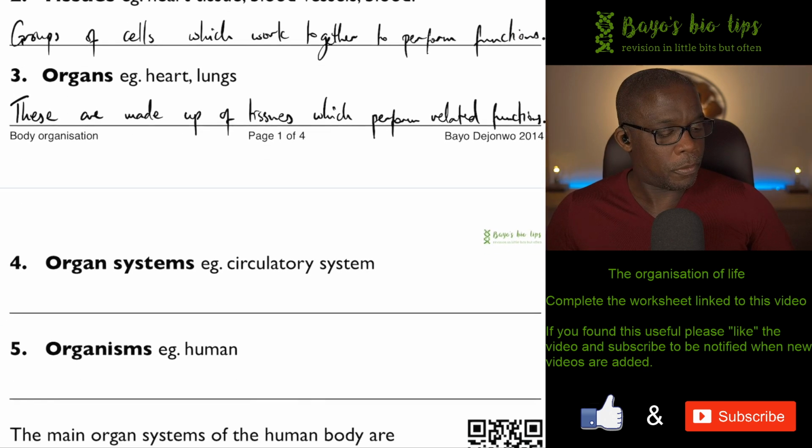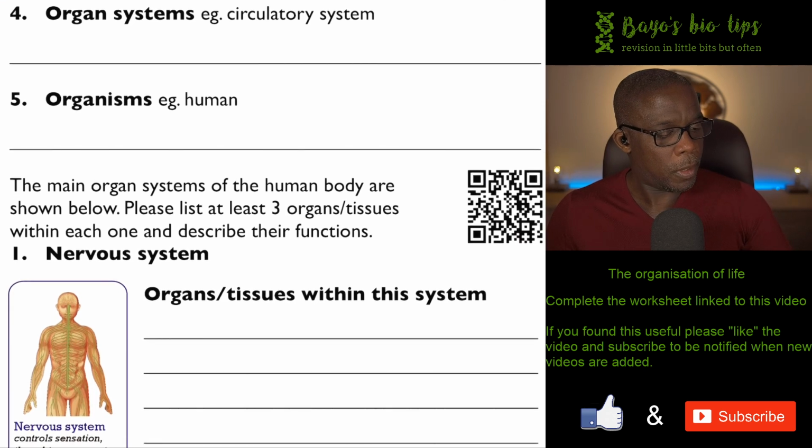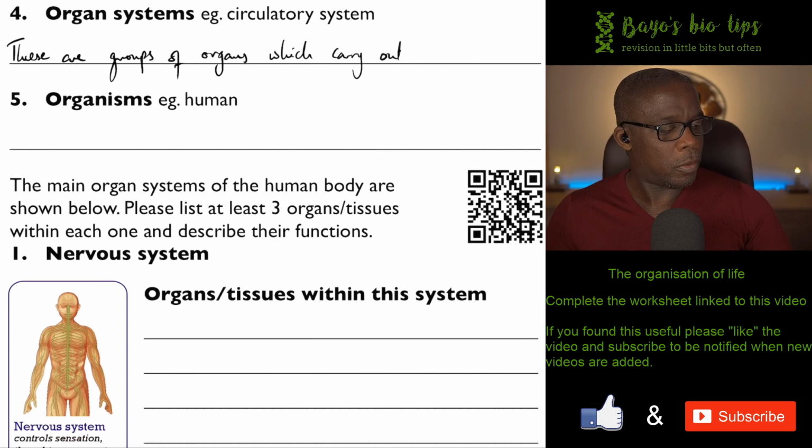The next level up would be organ systems. These are groups of organs which carry out related functions. So you can see that there's a pattern emerging as we go up from one level to the next.